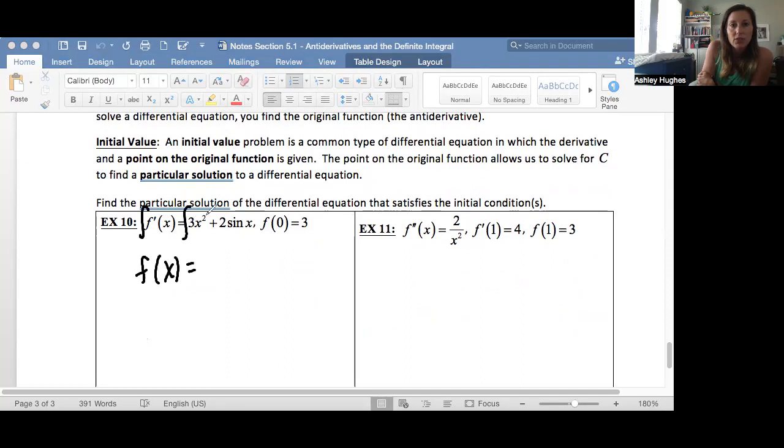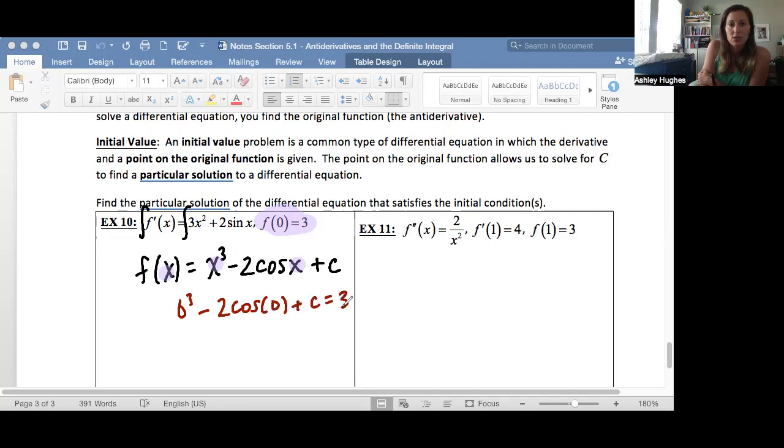The antiderivative of 3x squared, add 1 and divide by it, so that'd be x cubed. And sine would be negative cosine. Plus, don't forget c. Now we're going to use this point, this value they gave us. We're going to plug in 0 here and set it equal to 3. So 0 cubed minus 2 times cosine of 0 plus c equals 3.